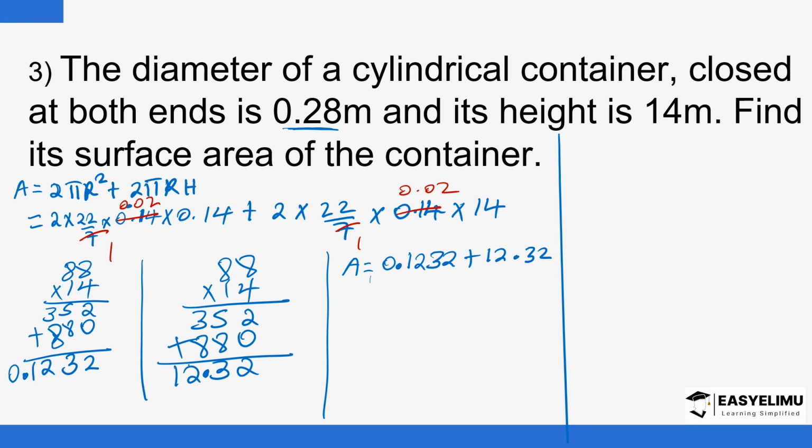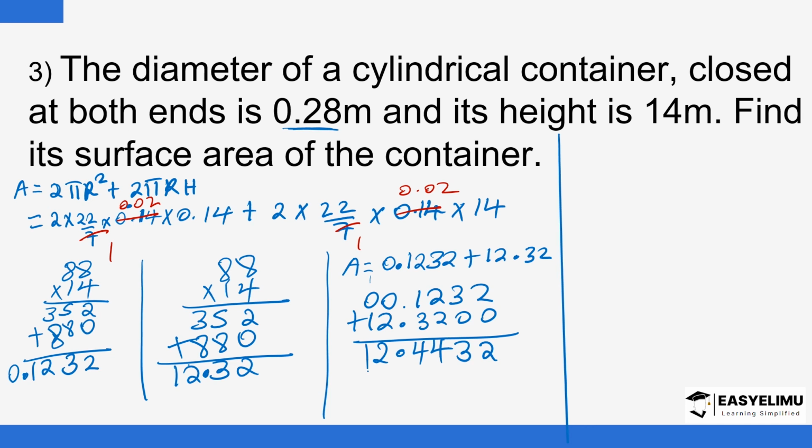So this is 0.1232, then 12.3200. So it's addition. So this is 2, 3, 4, 4, 2, 1. So the area that we are looking for is 12.4432 square meters.